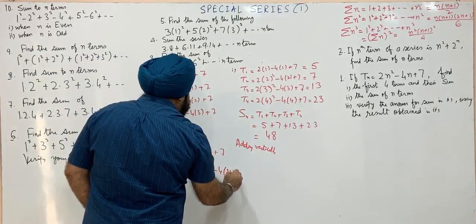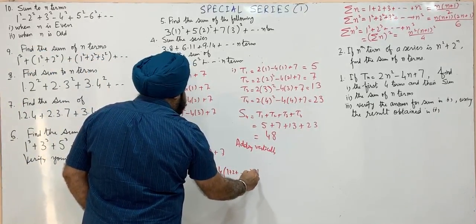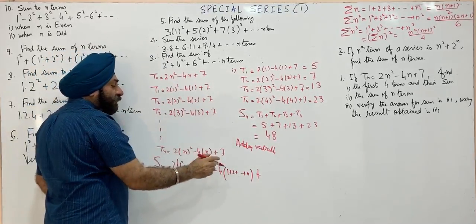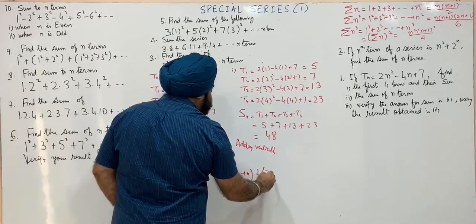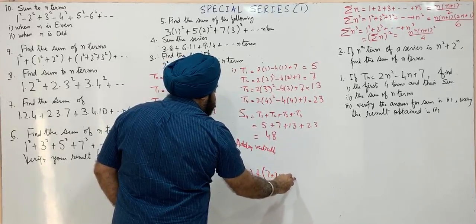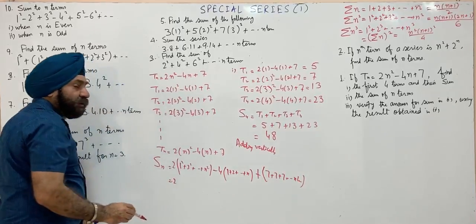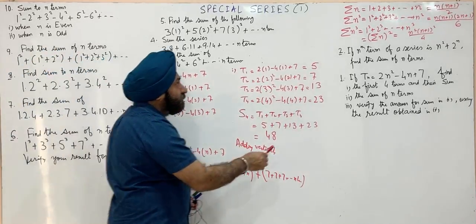And the last column is 7 plus 7, n times. So 7 plus 7 plus 7, n times. This is 2 times.